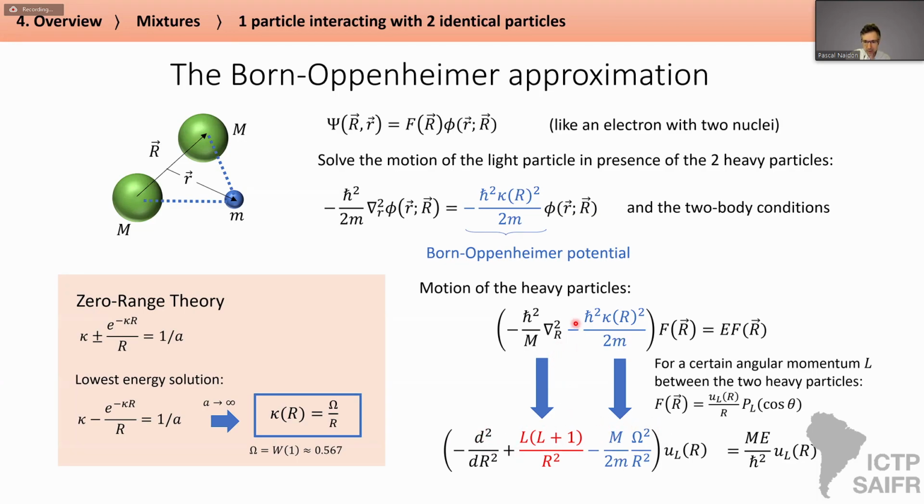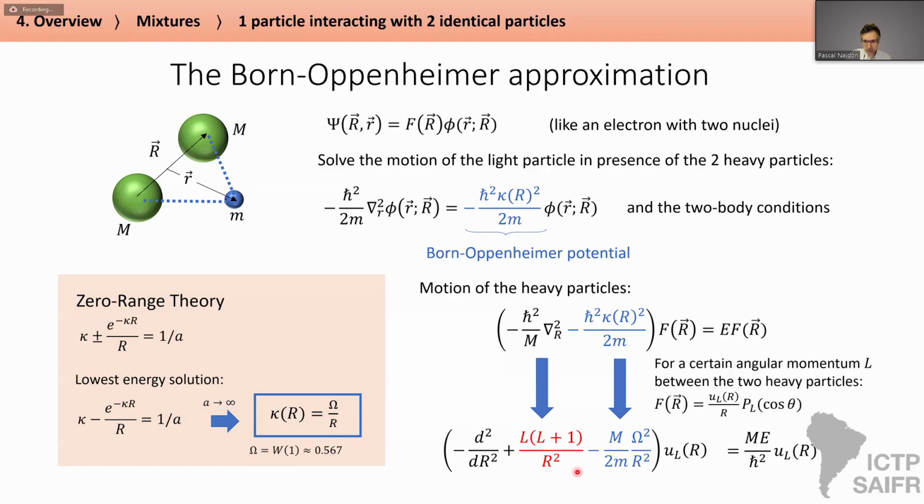Now, what I've done between this equation and that equation is that I consider a particular partial wave, for this particular relative angular momentum between these two heavy particles. So that leads to this centrifugal barrier here with angular momentum L. And then I put the mass prefactor on this side, so that we get here the mass ratio for this attractive 1 over r squared interaction.